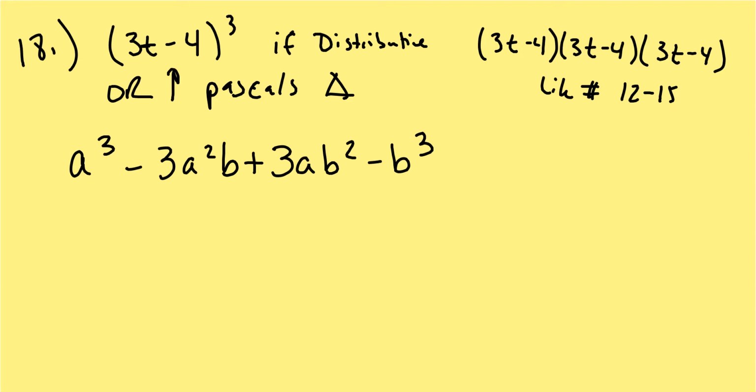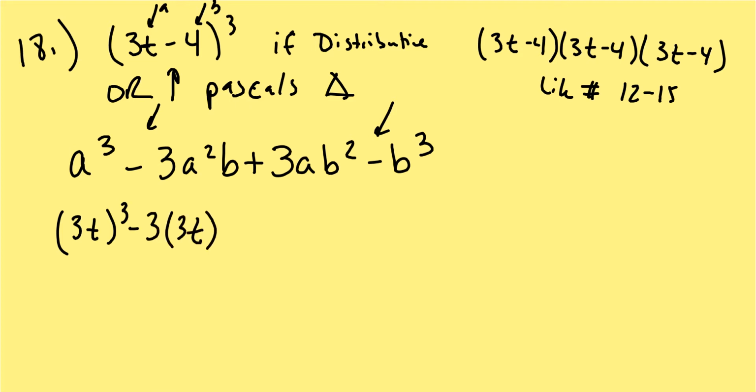It goes alternating, positive, negative, positive, negative. This is your a. That is your b. So I'm just going to plug it in. Wherever I see a, I'm going to put 3t. Wherever I see b, I'm going to put 4. Now I don't have to put negative 4 in because the signs are already alternating. I put the signs in.